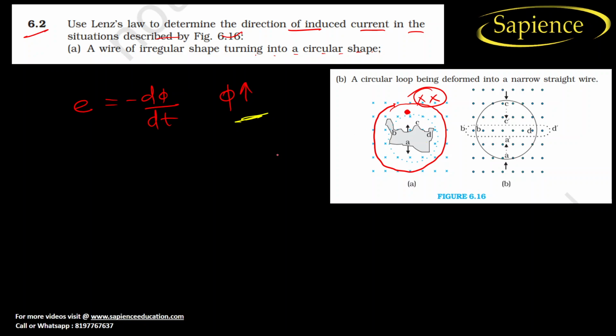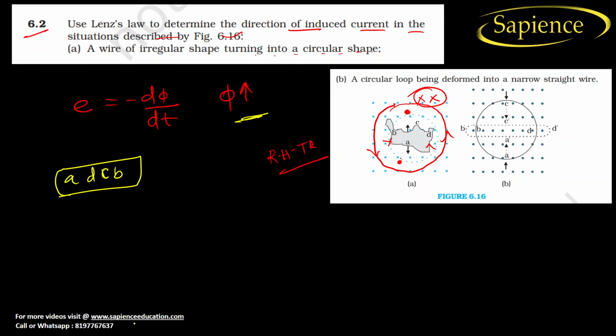If you use the right hand thumb rule, you will see that the current should go like this. Then only it will create a magnetic field which is coming out, so that it can reduce the impact of the magnetic field. So finally the direction of the current will be ADCB. So this is the direction. I hope you have understood this.